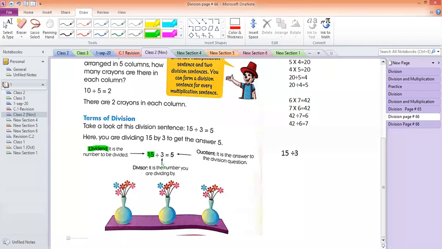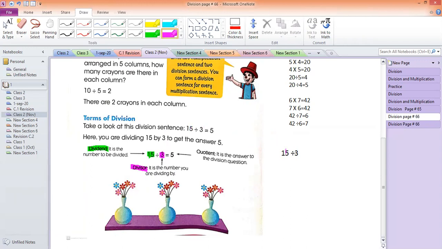Dividend is the number which you have to divide. And divisor is the number by which you are dividing.